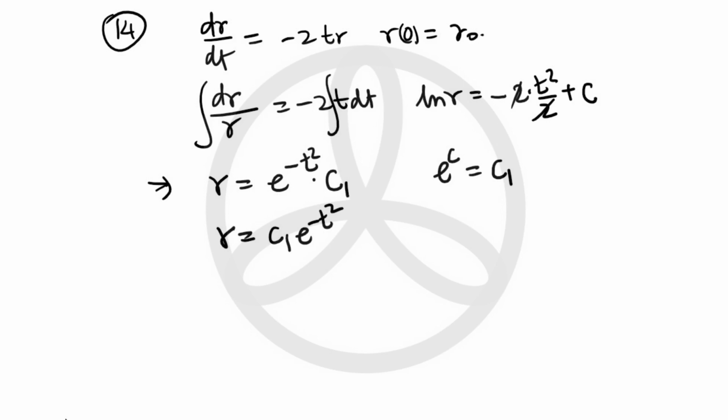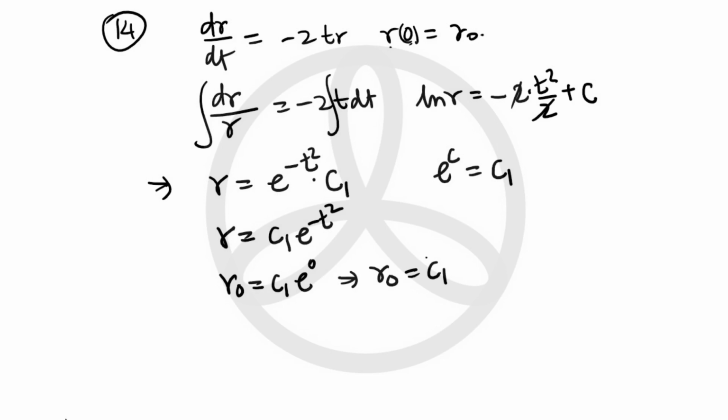Now what does it say? It says that when t is equal to 0, r is r0. The moment we substitute t equals 0 here, the exponential will become 1, and the left side will become r0. So we have r0 equals c1 e to the power 0, or r0 is equal to c1, because this will just become 1.